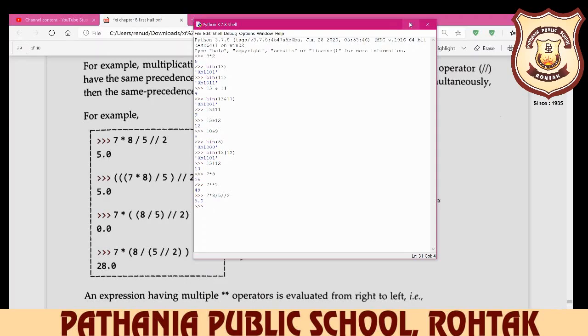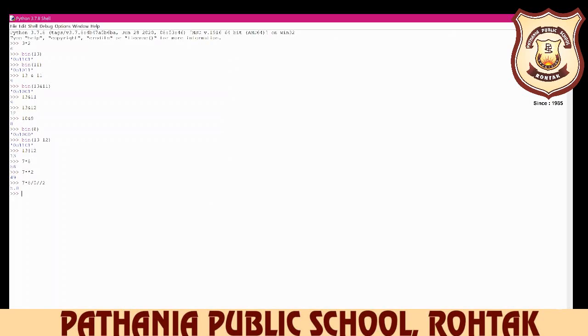So this is your operator precedence. For example, one more example here. When you write 5 divided by 2, its answer is 2.5. But when you write the floor operator, meaning double divide, then it displays only the integer value. So this is the difference between division and floor division.